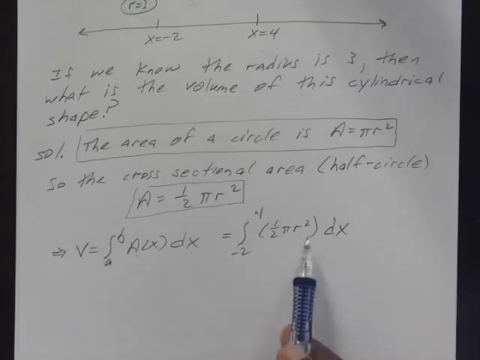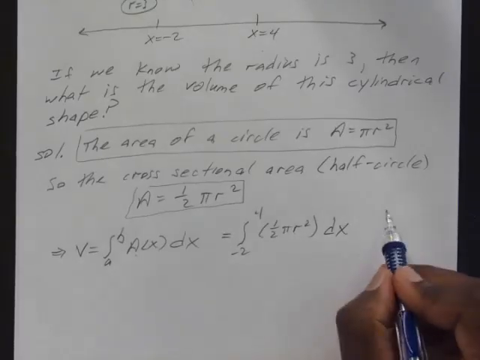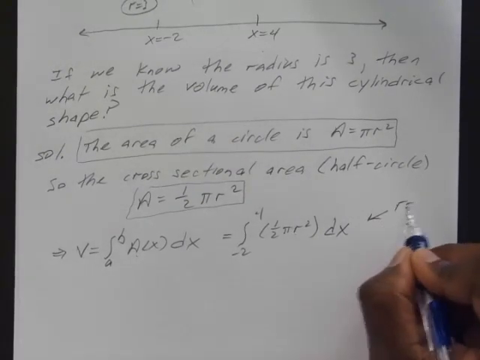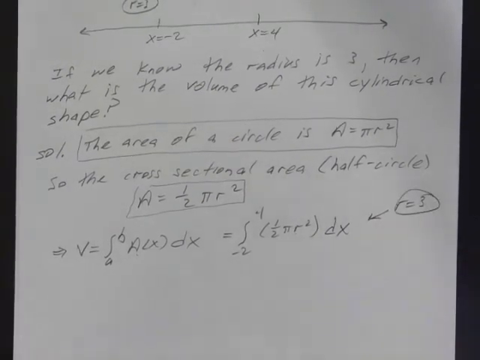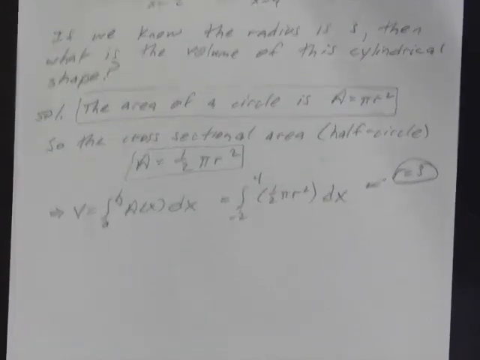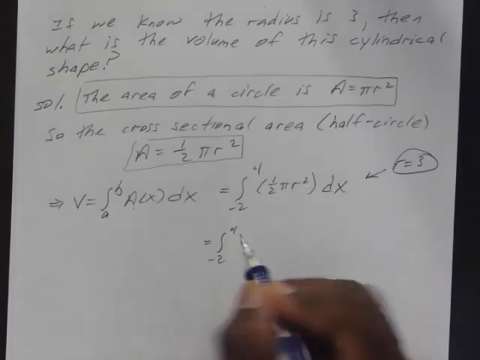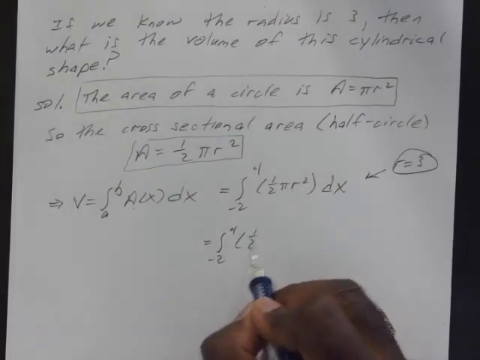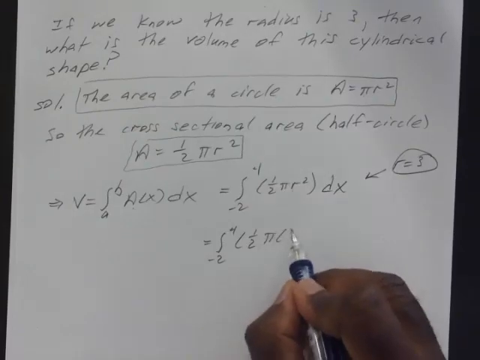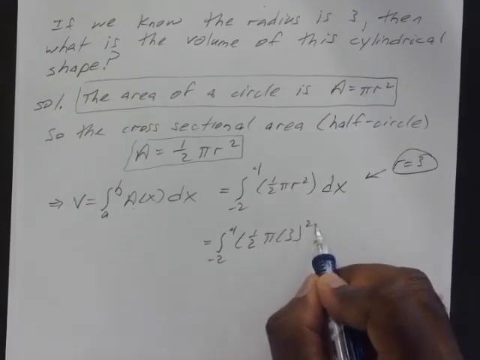So we know that our radius is not one of our independent variables because they gave us the actual radius. We know that the radius is equal to 3. So from -2 to 4 of 1/2 times pi times 3 squared.